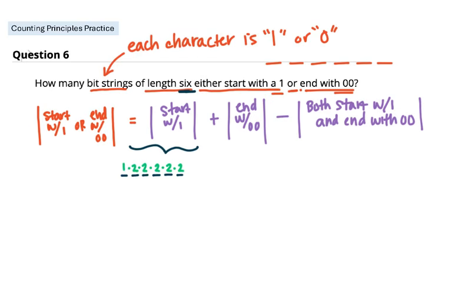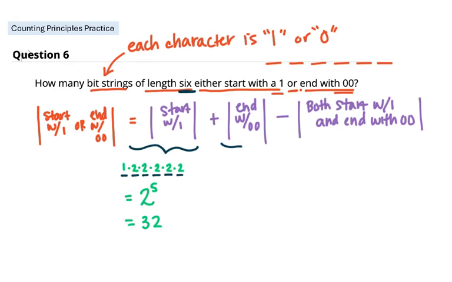Again, we're not putting the numbers that we can choose for the slots. We're putting how many choices we have. So in order for this 6 character long bit string to exist, we have 2 to the 5th choices, which by the way is just 32. So there's 32 bit strings that will start with a 1.